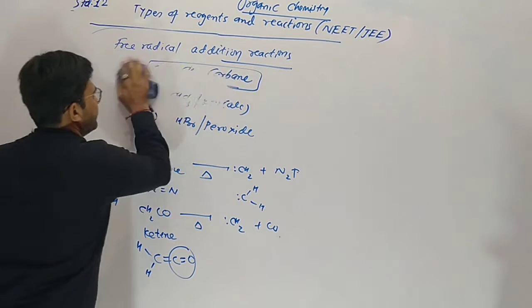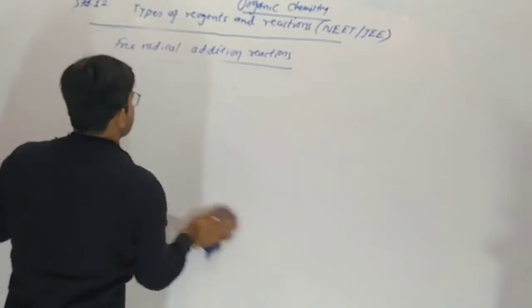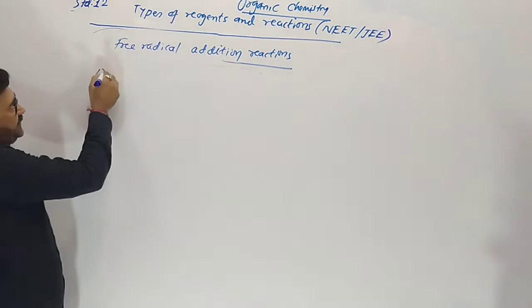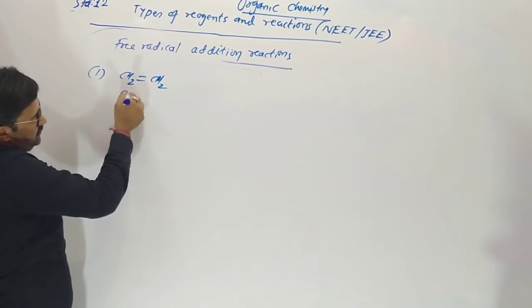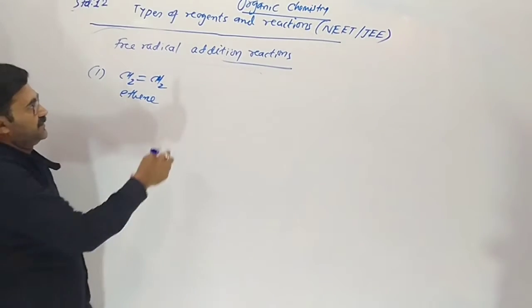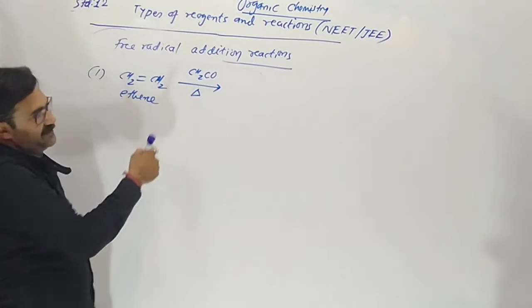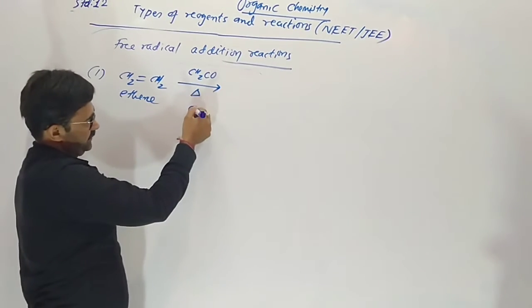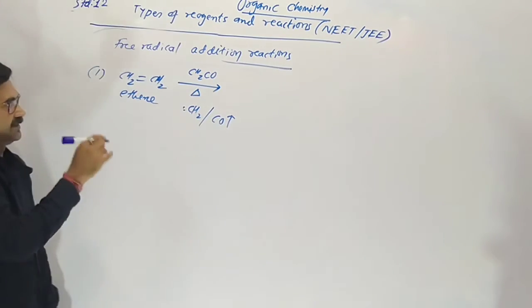Now reaction. Free radical addition reactions, we are going to them. Suppose ethene is given. CH2 double bond CH2 is ethene. Now it is reacting with ketene, not ketone, ketene. Heating is compulsory for the derivation of carbene and removal of carbon monoxide.